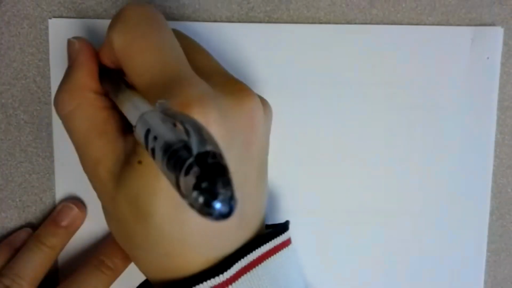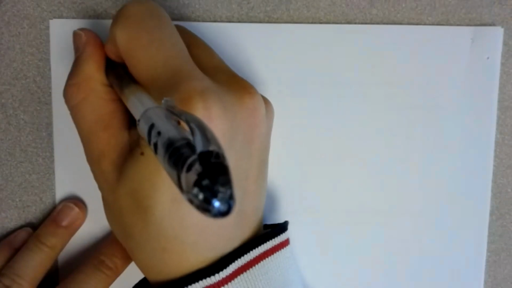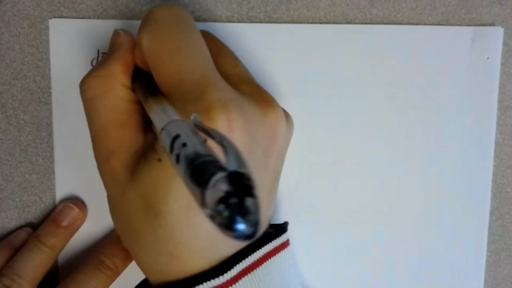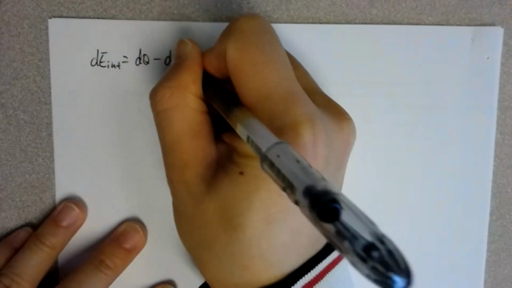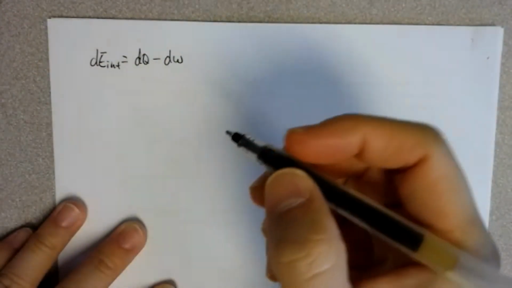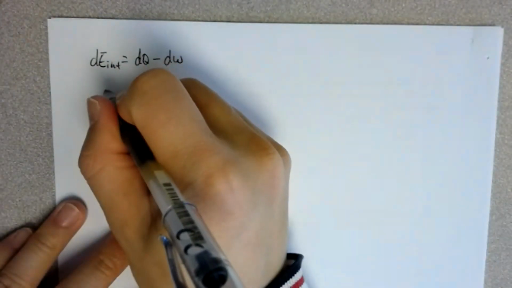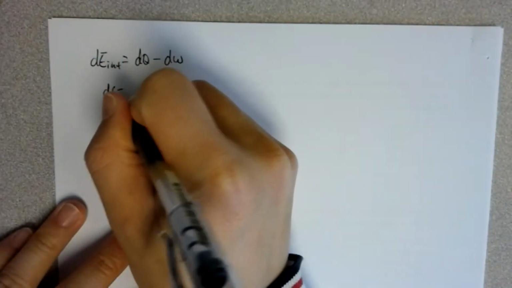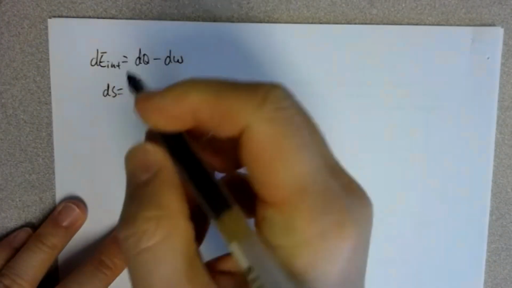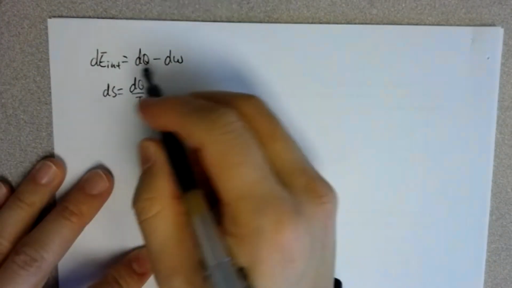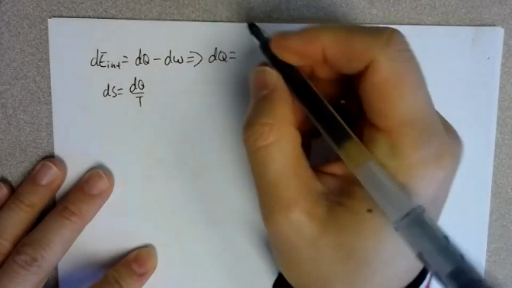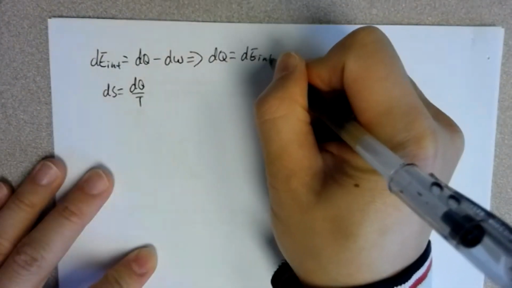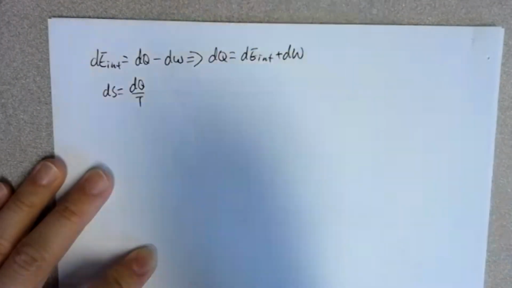So starting with the derivative of internal energy equals dQ minus dW, right? And then to calculate, so dS is equal to dQ over T. Okay, so you need to use this dQ. So from here, you can see that dQ is equal to d internal energy plus dW.